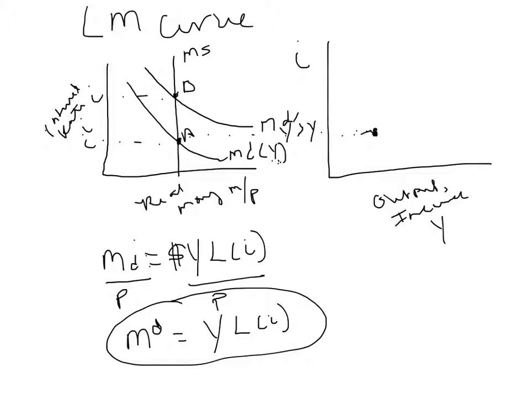So what this is showing us is that between the Y and I, it's a positive relationship, because as the Y, which is income, increases, money demand increases, and this causes the interest rate to increase.